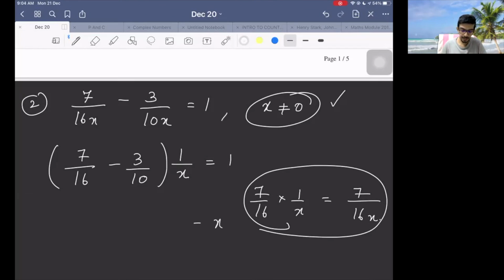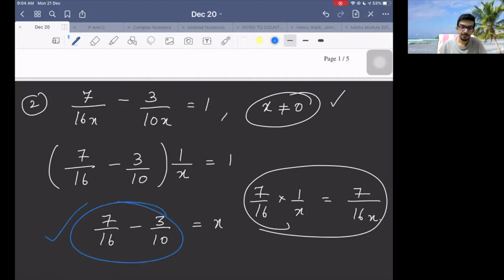So your x is simply 7 by 16 minus 3 by 10. Right? Now you have the answer. You just need to simplify this fraction. That's all.